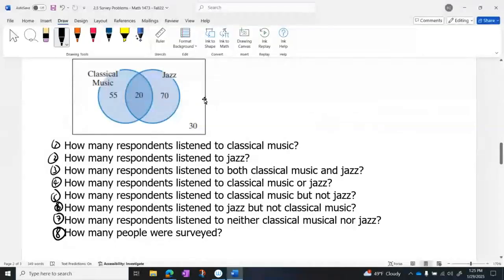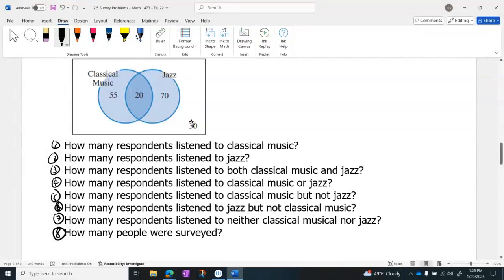In the box, we have 2 circles. The circle on the left represents the respondents who listen to classical music. The circle on the right is labeled jazz, so it represents the set of respondents who listen to jazz. And then the 2 sets overlap, which means there are respondents who listen to both.